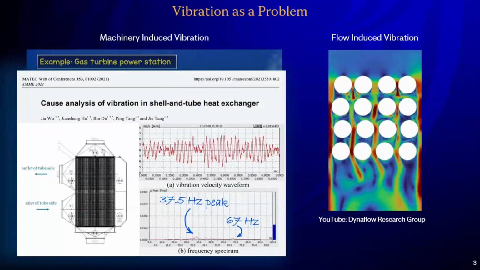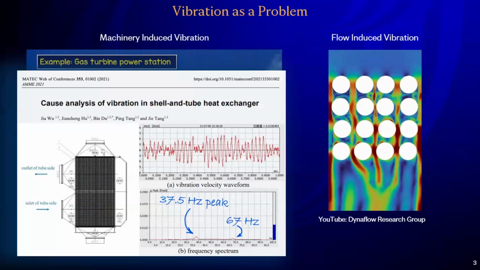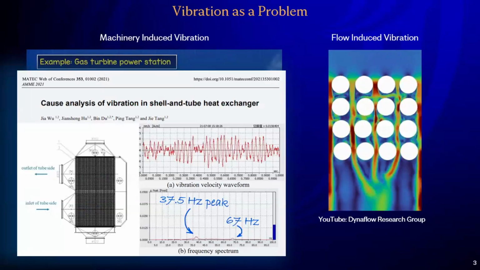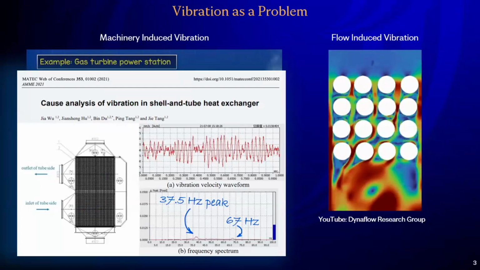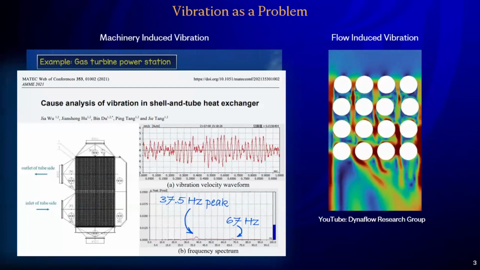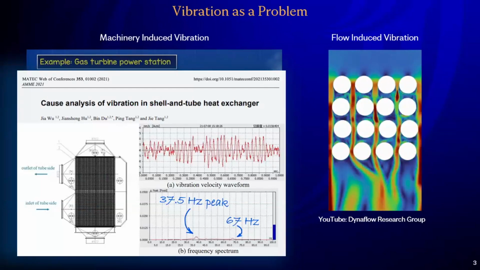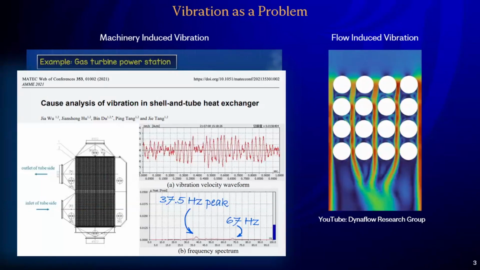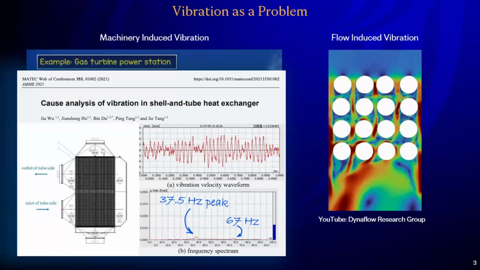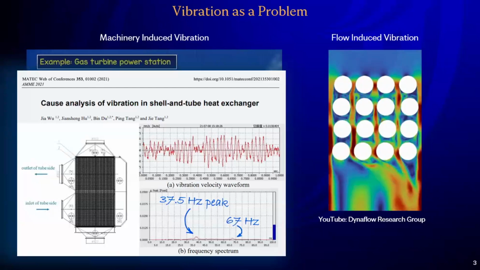There are studies that put it as a problem and try to see: do we need to dampen this vibration somehow? Do we need to isolate different parts of the system from each other? The second source of vibration is the flow stream itself. When a fluid passes through a pipe or along a wall, inevitably there will be some shaking.